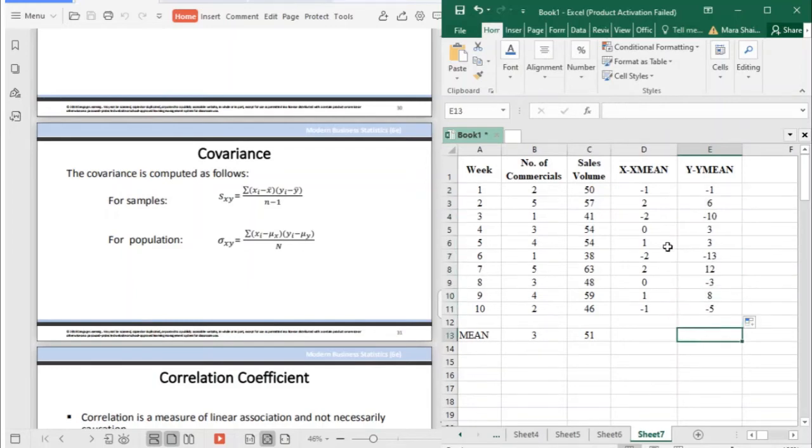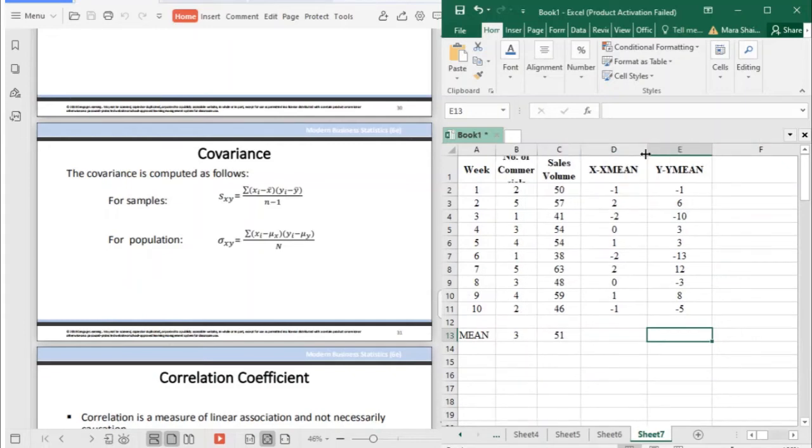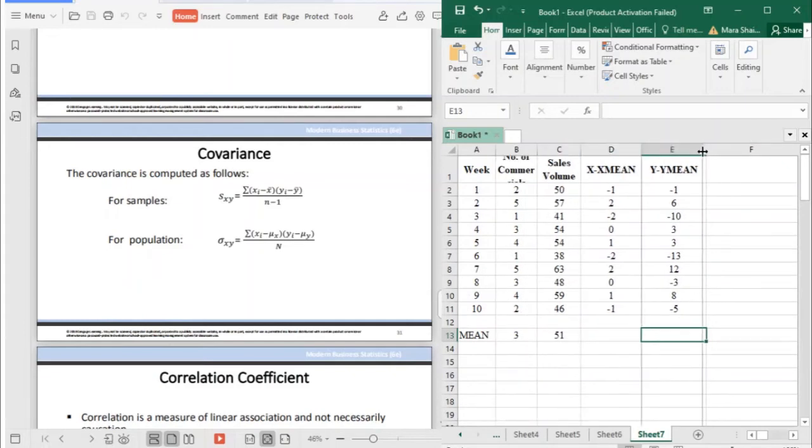Okay, so you already have the x part and the y part. Now again, we need to get the product of this side and the other side. Let me adjust this for a while so that you can see all the values.